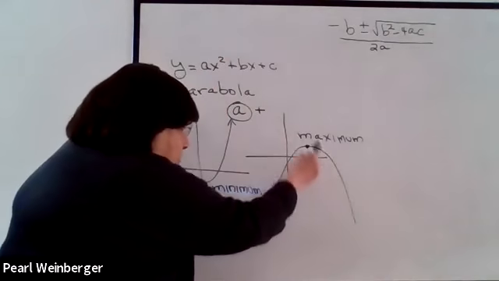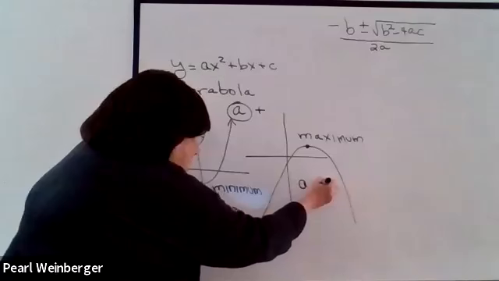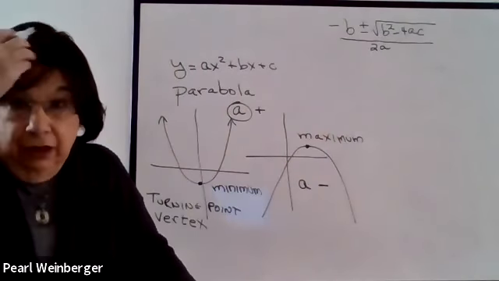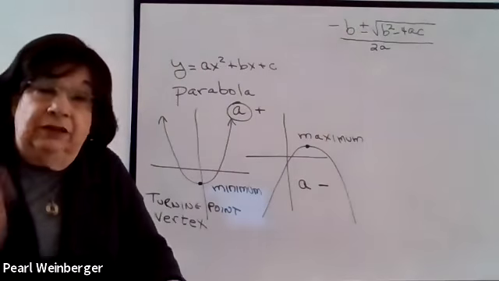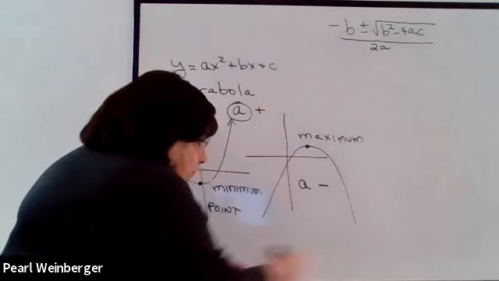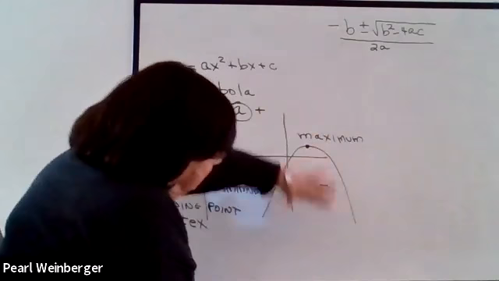Over here, if your A is negative, let's say it's y equals negative 2x squared, the number in front of the x squared is a negative, then you have a maximum point. Your graph is opening down.